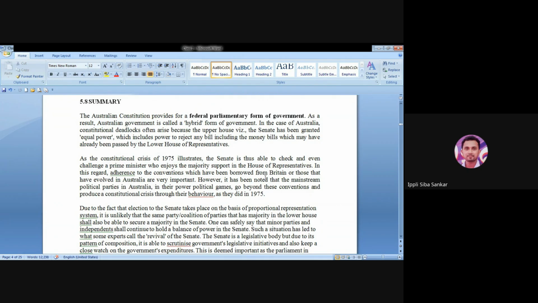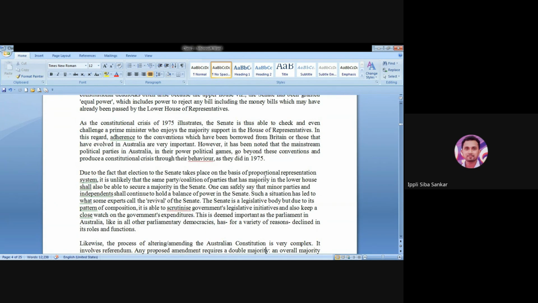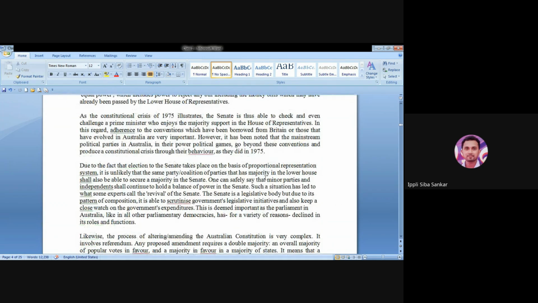In the case of Australia, constitutional deadlocks often arise because of upper house fights. The Senate has been granted equal power, which includes the power to reject any bill, including the money bill, which may have already been passed by the lower House of Representatives. As the constitutional crisis in 1975 illustrates, the Senate is thus able to check and even challenge a prime minister who enjoys majority support in the House of Representatives.